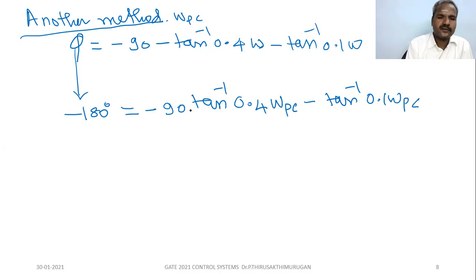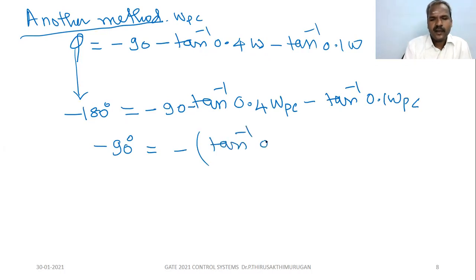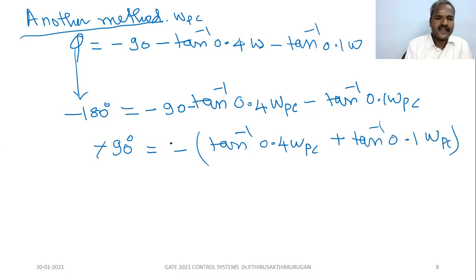Now you bring this to this side. So this becomes minus 90 equals minus, you take minus common, tan inverse of 0.4 omega PC plus tan inverse of 0.1 omega PC. So minus minus cancel.